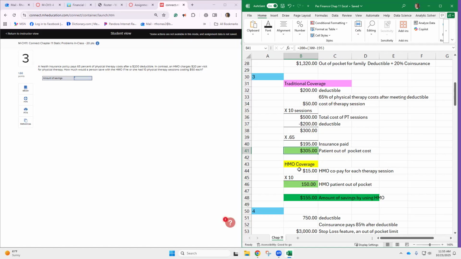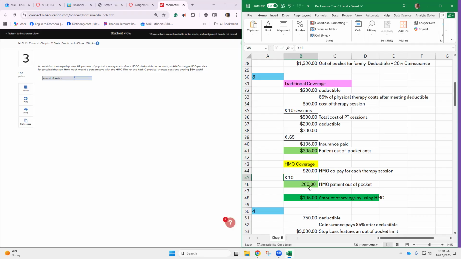So now let's do the HMO. The HMO is simply a copay. Every time you go to PT, you give them 20 bucks, and that's it. You don't owe any more. That HMO didn't say anything about a deductible, so we don't know anything more than what they tell us. So the $20 copay exists for the HMO.